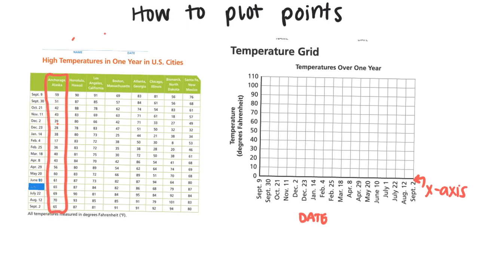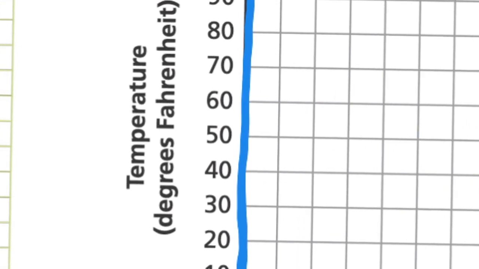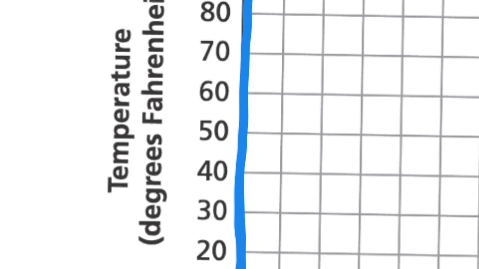So for September 9th, where would I put my point? Okay, well, I have to look at the date, September 9th, so I'm going to have to follow this line right here. And I will plot that point where it has 59, okay? Well, if you look really closely, if I were to zoom in right here very quickly, this is only from 50 to 60.